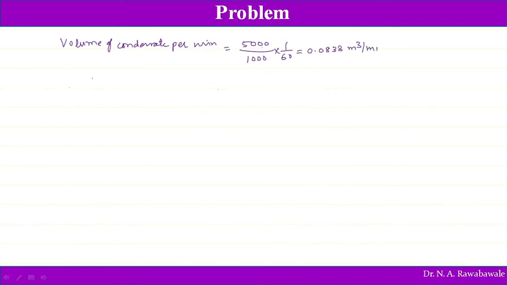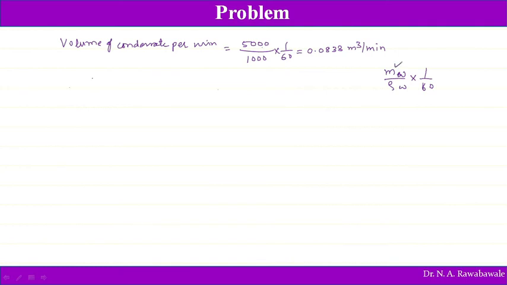So how does this work out? Volume of condensate: mass flow rate is known, so it is mass of water divided by density of water. This was given per hour and we want to convert it into per minute, so that's why we multiplied it by 1 by 60.